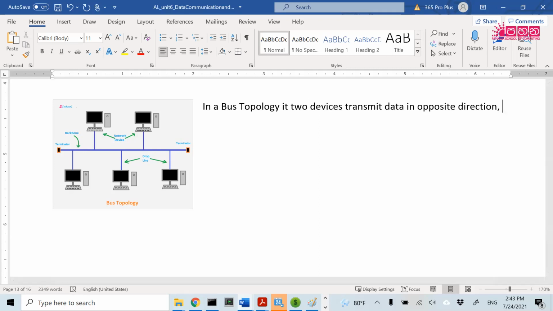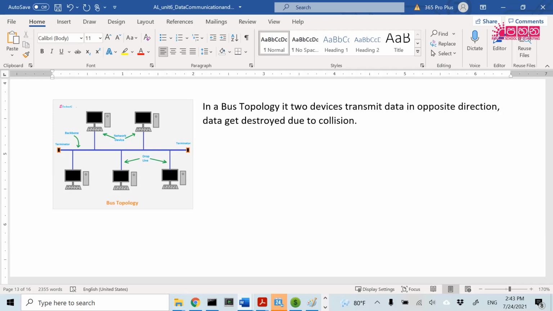It will destroy the data. In both directions, data gets destroyed due to collision. They meet each other, they destroy the data.